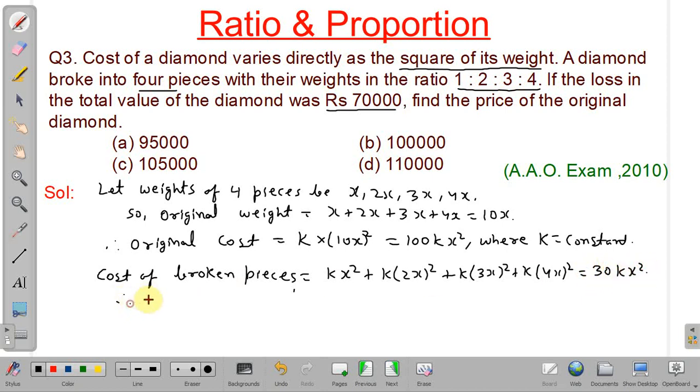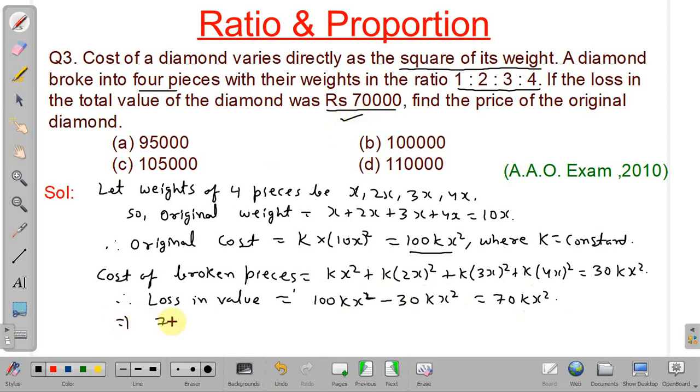Therefore, what is the loss in value? Loss in value is equal to 100 kx square, which is the initial value, minus 30 kx square, and it is equal to 70 kx square, and the loss is given as rupees 70,000.